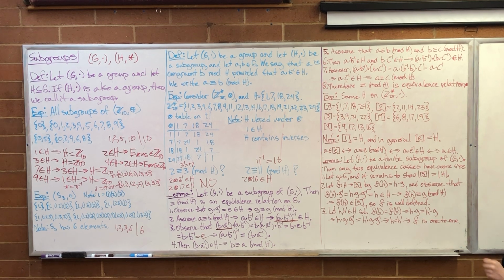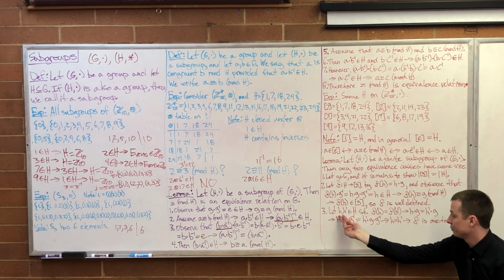F of x equaling f of y implies x equals y. If the outputs are the same, they came from the same input. In other words, I can't have one output coming from two different inputs. As an example of a function that's not that way, f of x equal to x squared: 4 comes from 2, and 4 comes from negative 2. So this is not 1-to-1.